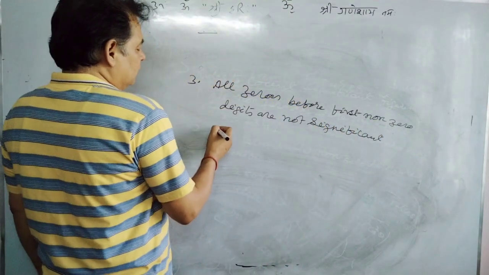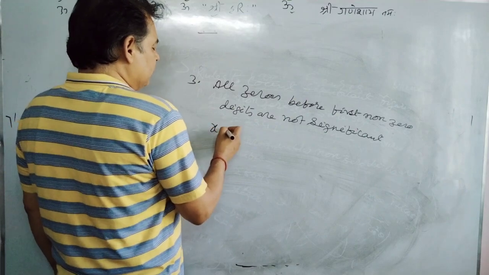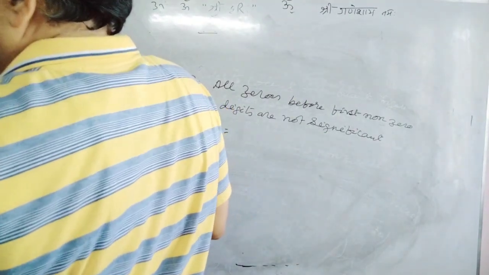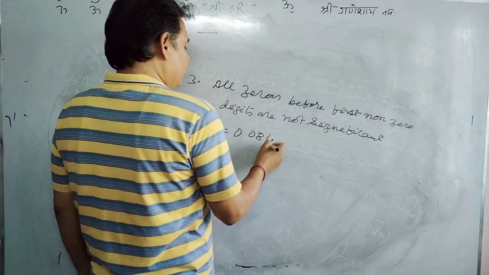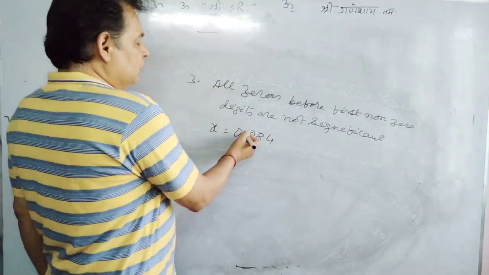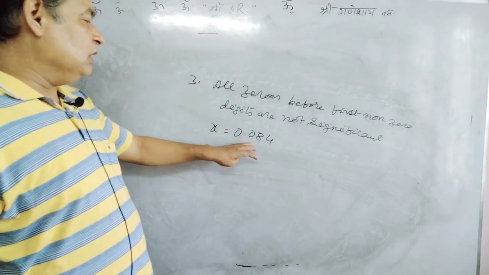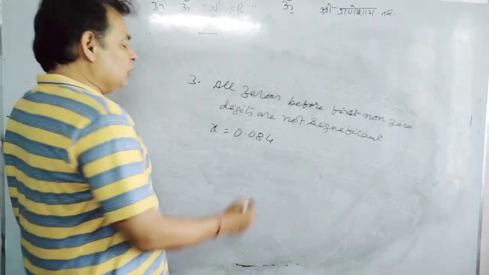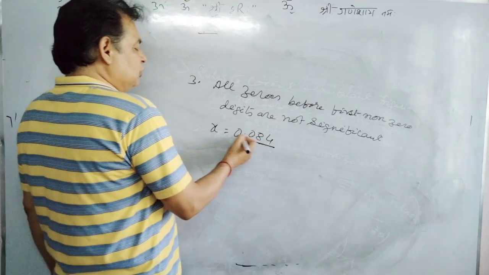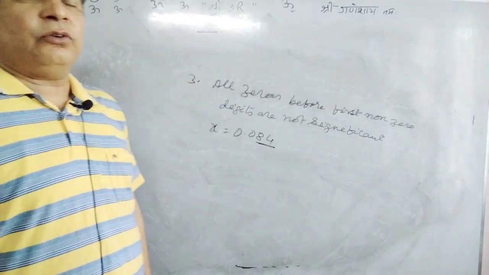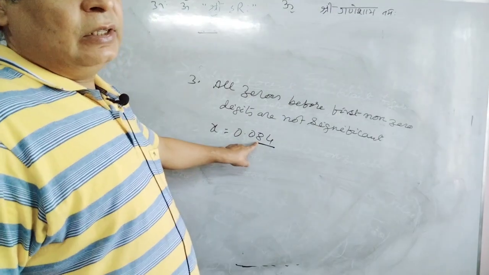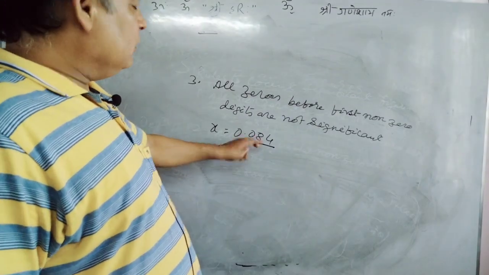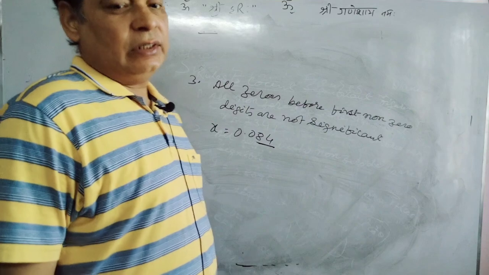Suppose there is a number x equals 0.084. In this measurement there are 4 digits, but out of these 4 only these 2 are significant. These zeros are not significant. Why? They are before this first non-zero digit 8. With or without decimal, these all are not significant.